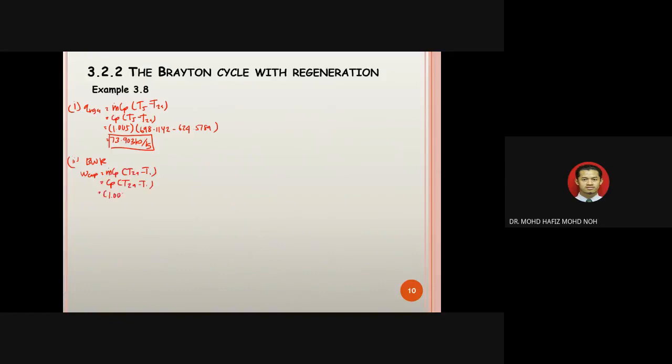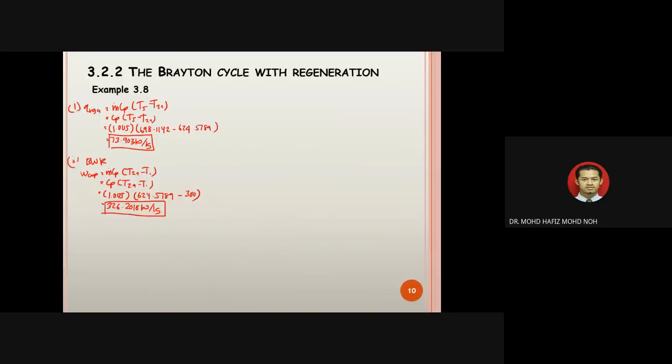T1 is equal to 300 Kelvin. So from here you get the value of W compressor, which is 326.2018 kilojoule per kg. Alright guys.